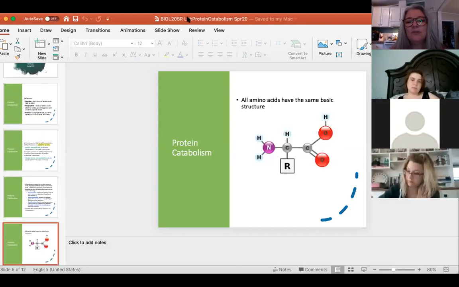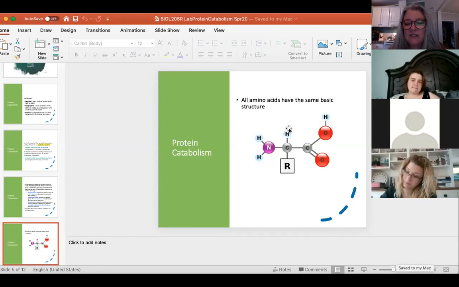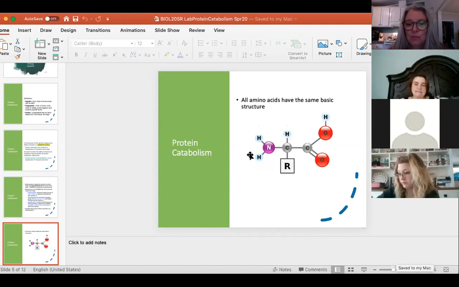All right, let's review what an amino acid looks like. Remember, all amino acids have the same general structure. There are 20 different amino acids, but they all have the same basic structure. They have a carbon right in the middle, and then attached to that carbon, there is a single hydrogen, and then what we call an amino group.